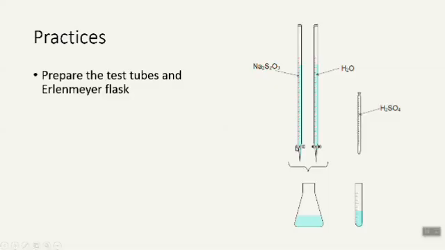Now in practice, we prepare the test tube and the Erlenmeyer flask as follows. We use the burette to deliver sodium thiosulfate and water. We use the ratcheted pipette to deliver the sulfuric acid into the test tube.